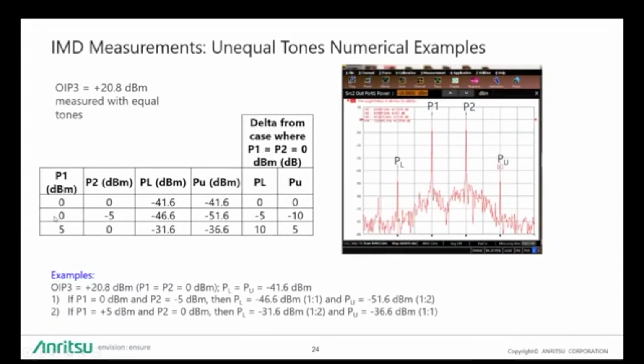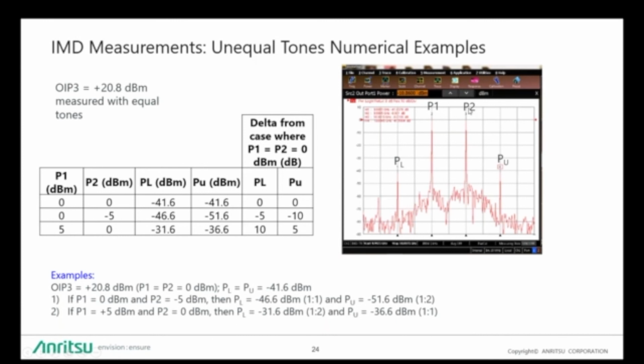So then in the second case, I vary the power of the second fundamental tone, P2, by 5 dB. I drop it by 5 dB. So then what happens to both PL and PU? You can see that PL actually dropped by 1 to 1, which is it dropped by 5 dB also, but the PU, which is the adjacent product to the second fundamental tone, actually dropped in a ratio of 1 to 2.